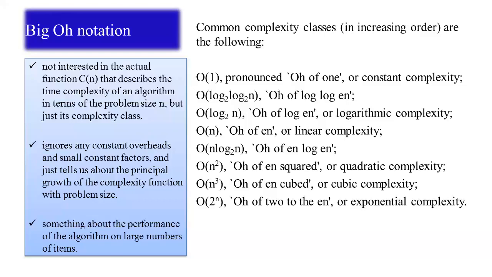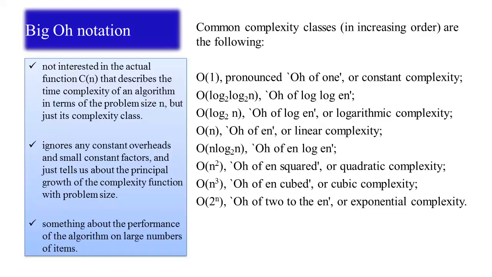So when n increases, mathematically we write that as n tends to infinity. Practically n need not be infinite, but a quite large number. When n becomes a large number, that is where the big O notation comes into play in the real sense.